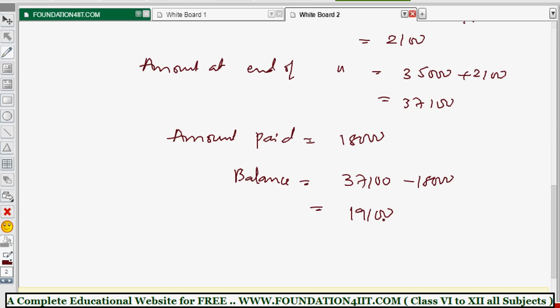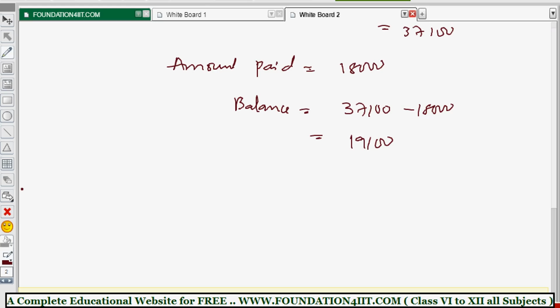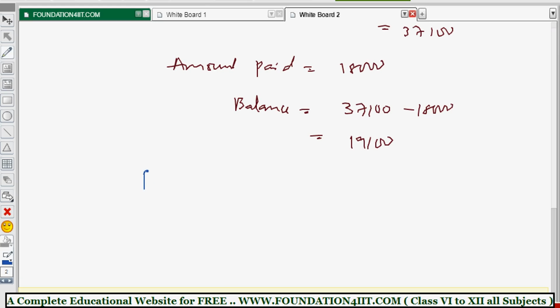Now this is the principal for the third half year. Two halves are over. Therefore principal for the third half year is equal to 19,100. Now three halves are over.